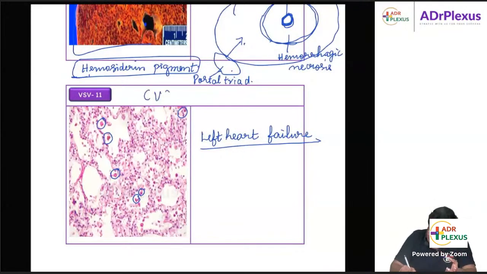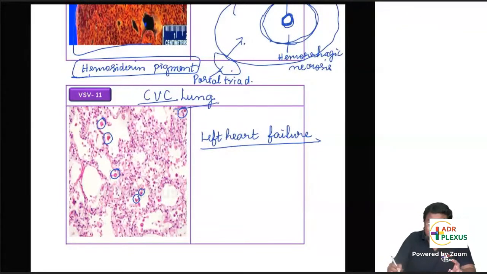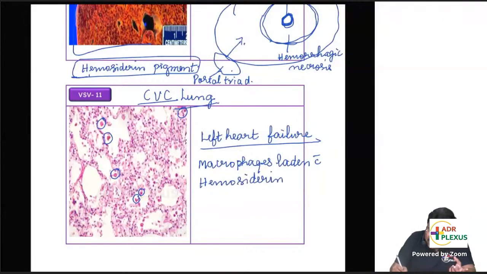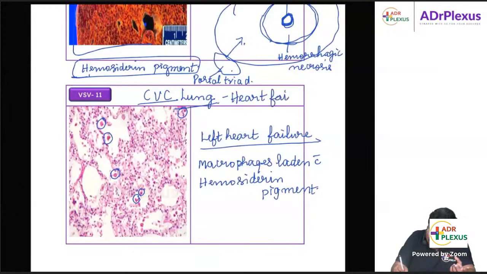So this is a case of CVC lung. CVC lung, it is left heart failure. And what are these cells? These are all macrophages, which are laden with hemosiderin pigment. These cells are called the heart failure cells.